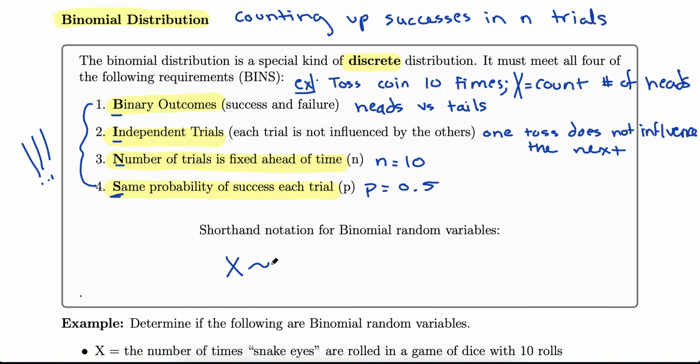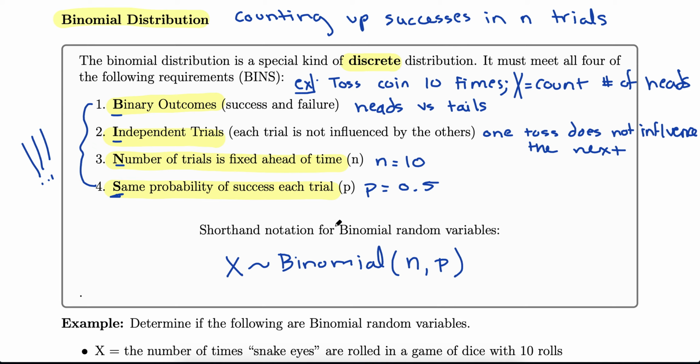This little tilde is read as can be modeled by. Then we're going to say binomial. And you might see other places, they might just write BIN or B for shorthand. I'm going to write it all out, but those variations are also used. And you need to give two pieces of information to define this: n, how many trials you're doing, and p, your probability of success for each trial.